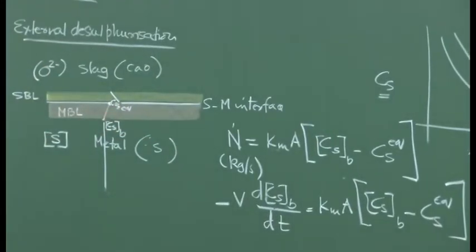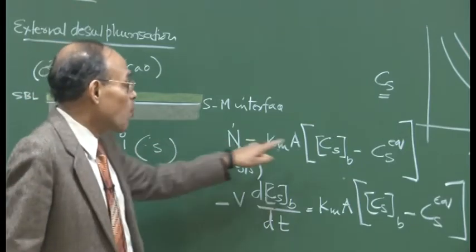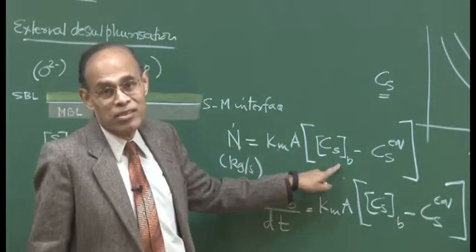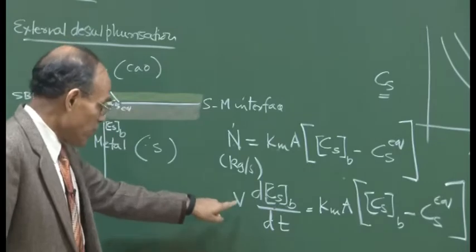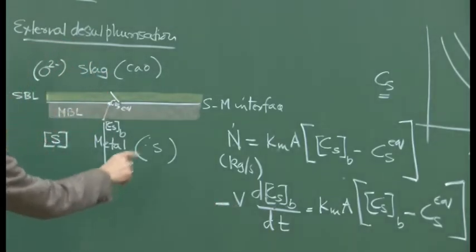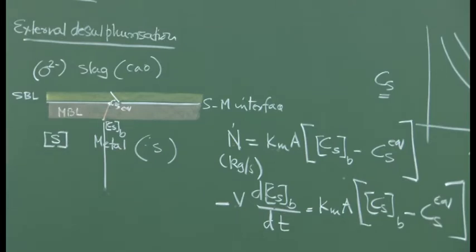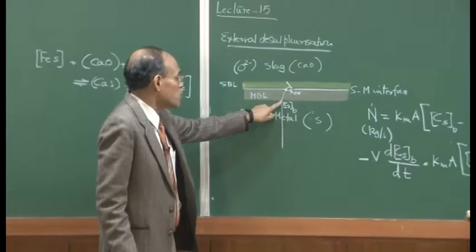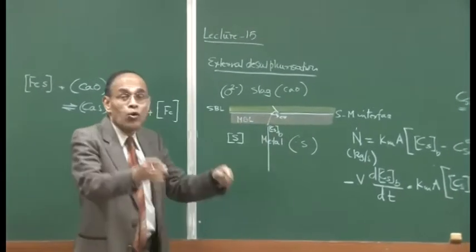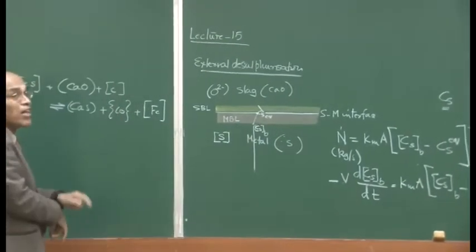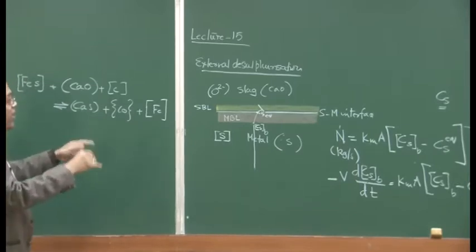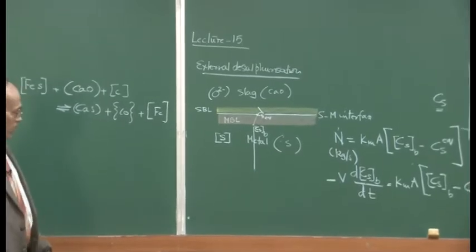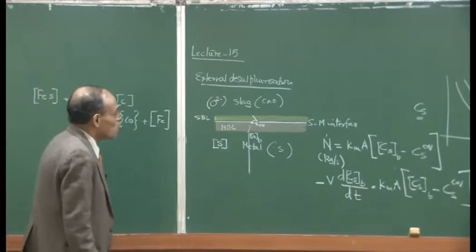Mass transfer is a first order process, and that is exhibited in that the rate is proportional to concentration raised to the power 1, okay? And this V is the volume of the melt phase, and the kinetic equation is represented. So, this is the kinetic equation representing the rate of transport of sulfur across the boundary layer, which is essentially equivalent to the rate of the desulphurization process, because all remaining steps have been taken to be operating close to equilibrium.